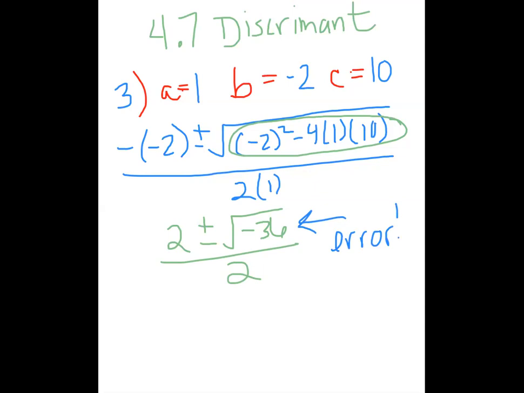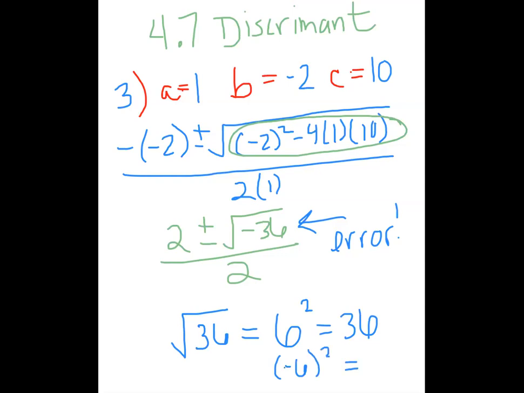And the reason why there's no such thing is because if you think about it, the square root of any number is supposed to be a number such that when you times it by itself, you get that answer. So for instance, 6 squared is 36. That's why the square root of 36 is 6. And even negative 6 squared is also 36.